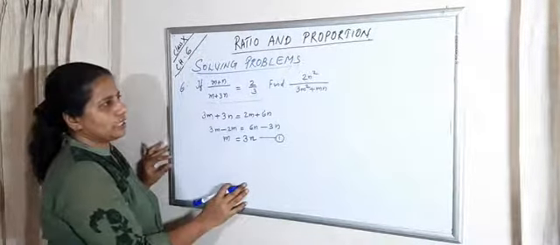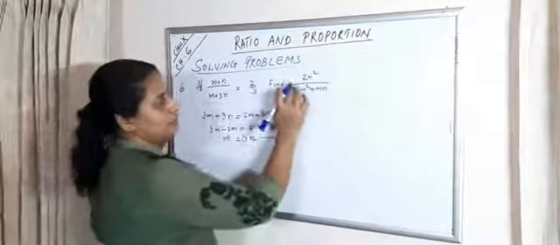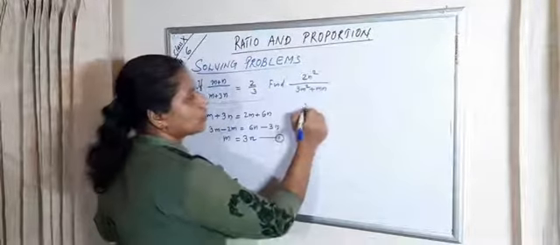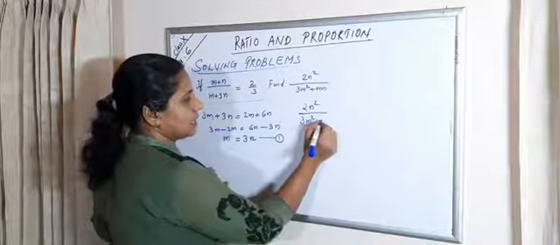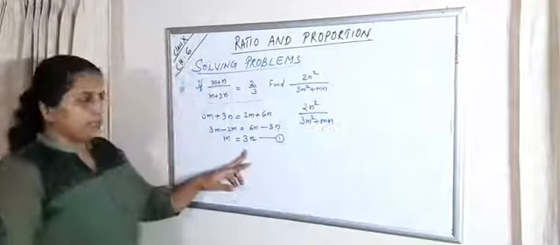Next, we have to find the value of this one, 2n square by 3m square plus mn. We already got m is equal to 3n.